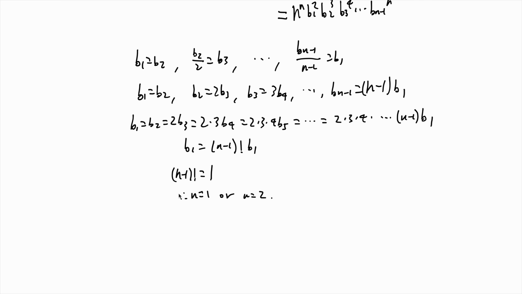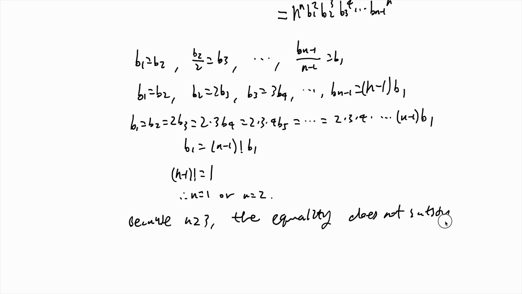Because the equality does not hold. So if n is equal to 1 or n equals 2, the equality might be satisfied.